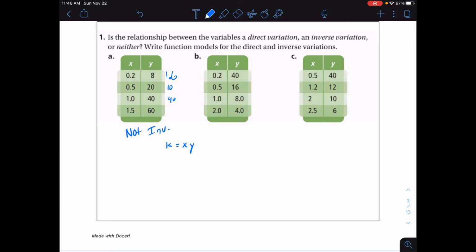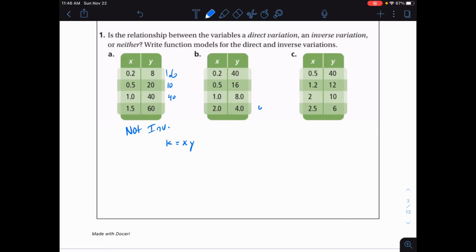Same thing here. This is 8. This is 8. This is 8. And this is 8. So in this case, k equals 8 for all of these if we're taking x times y. So this would be inverse. Our inverse equation would be y equals 8 over x. And then for c, same idea. We've got 40 times 0.5 is 20. 12 times 1.2 is 10. 10, this is 5. So this is not inverse as well.